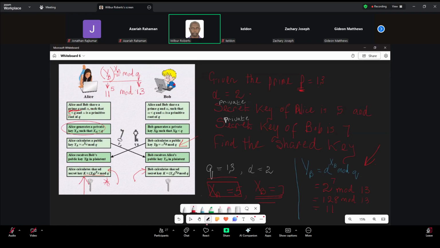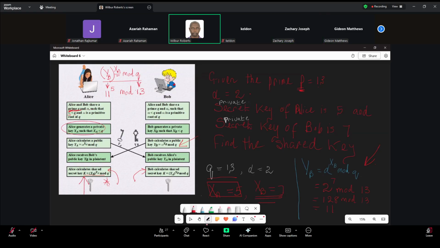11 to the power of 5 is what? Was your calculator able to give you 11 to the power of 5? 161,051.